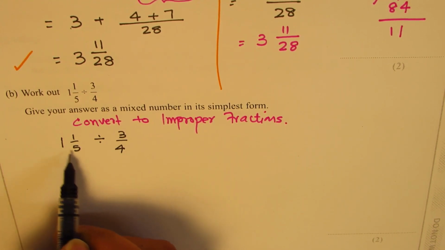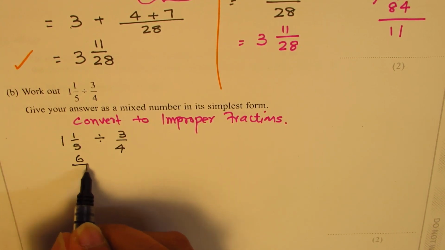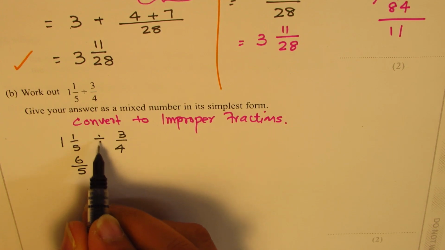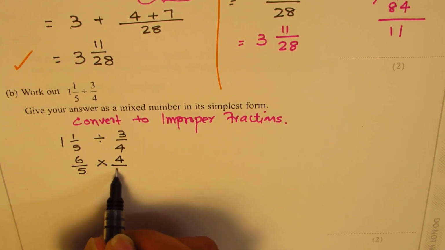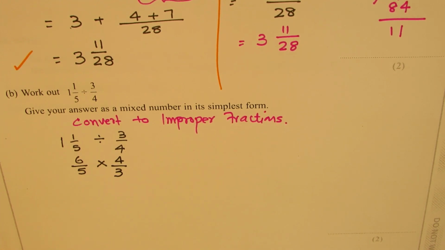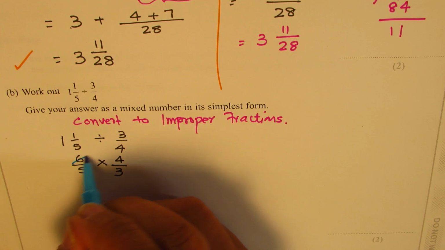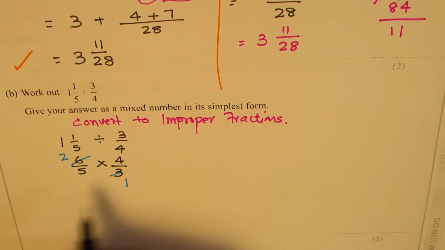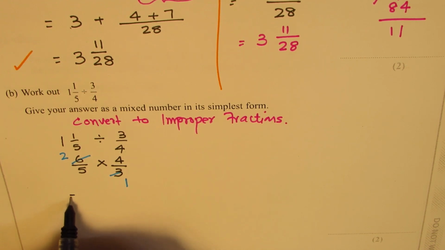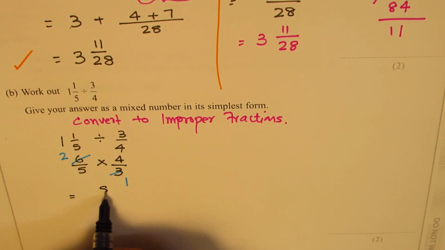So that gives you 5 plus 1, 6 over 5. Now division is as good as reciprocal multiplication, correct? At this stage, you could actually simplify and then multiply. So 3 goes 2 times into 6, and therefore you could write this as 2 times 4, 8 over 5 as your answer.